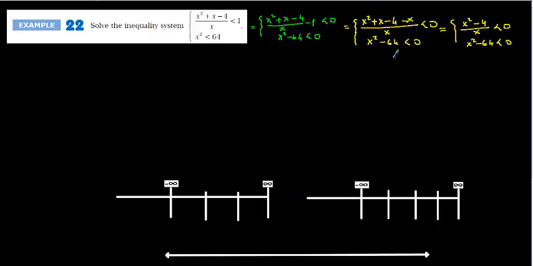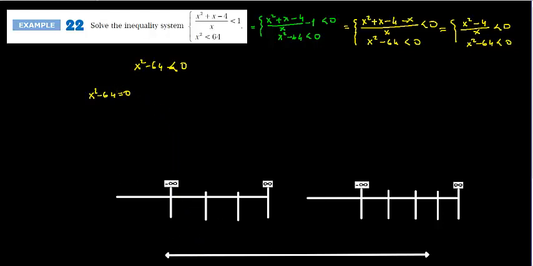Now for the first one, it is a quadratic inequality. I'm going to find the zeros of them. x squared minus 64 is less than 0. So x squared minus 64 is equal to 0. This is the operation where we are finding the roots of the inequality.